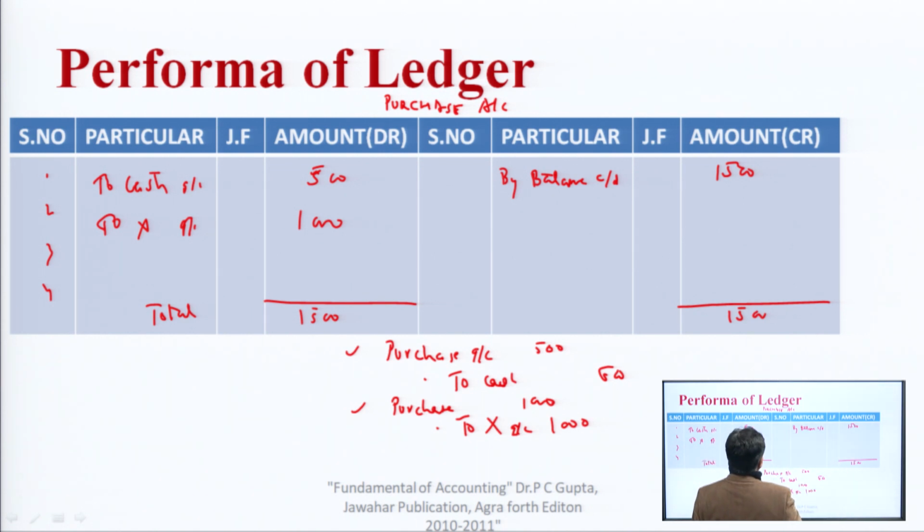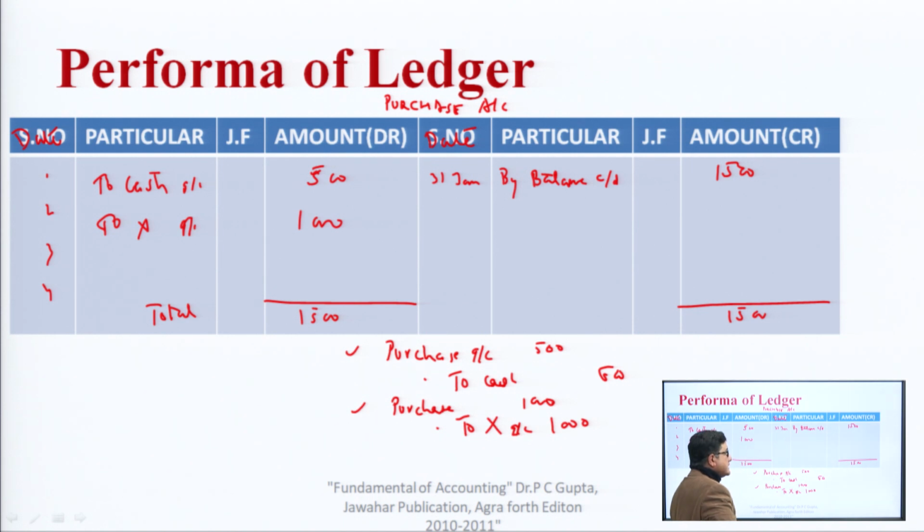At the end of the month you can write the serial number, and you can write the date also; the date must be there. So on 31st January your balance is 1500.